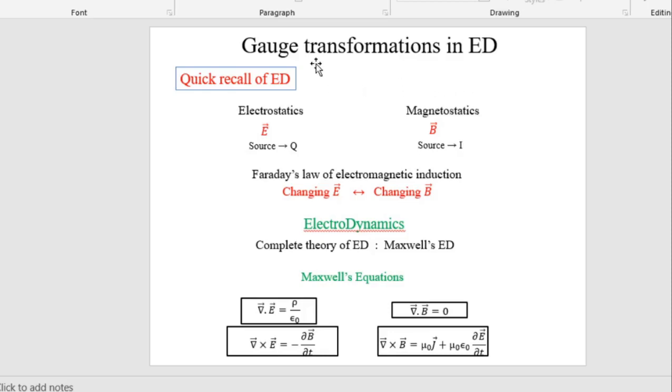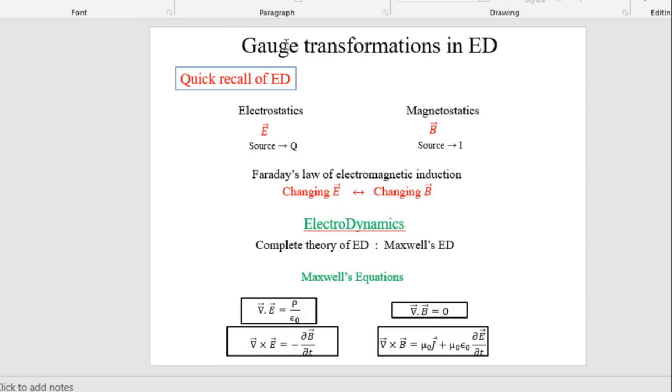So first we have discussed the significance of this transformation, so that it can help us to understand the concept of gauge transformations.